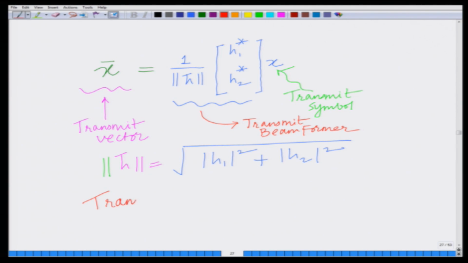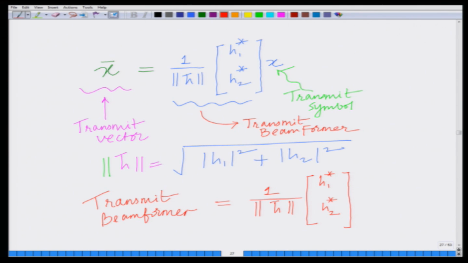Let me write it clearly, the transmit beamformer equals 1 over norm h bar times h1 conjugate h2 conjugate.